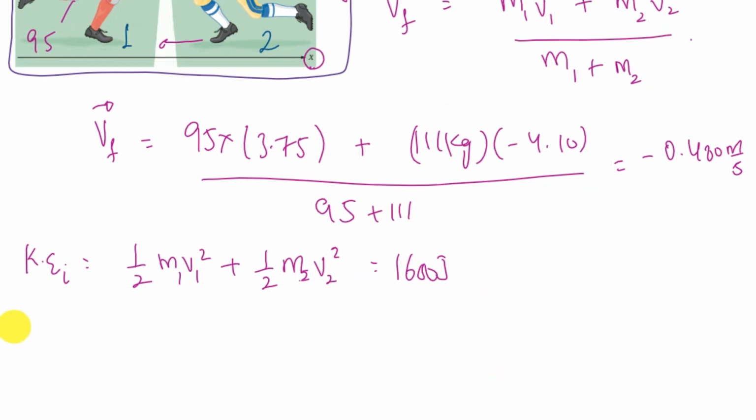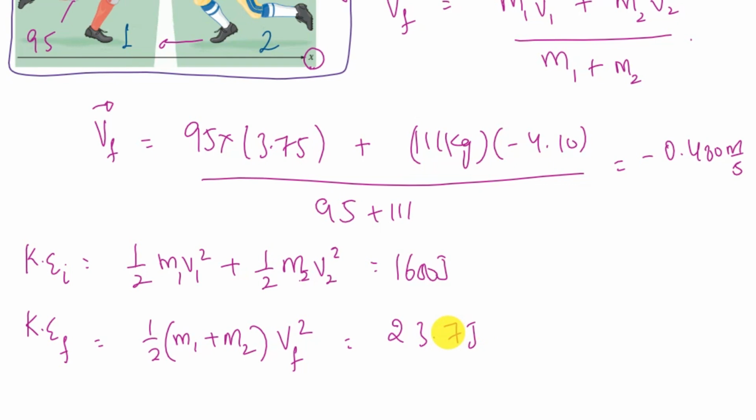And what would be the final kinetic energy for the system? So 1/2 (m1 plus m2) times vf square, and अब जब values put करेंगे you'll get 23.7 joule. That's shocking. You can see that about 98% of the kinetic energy is lost.